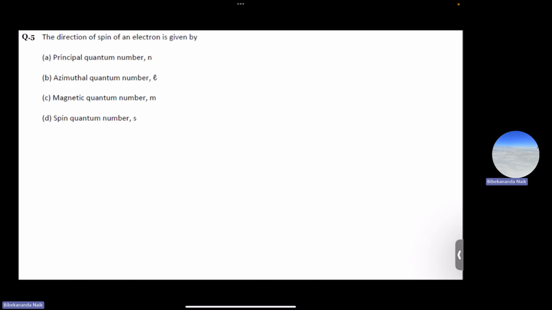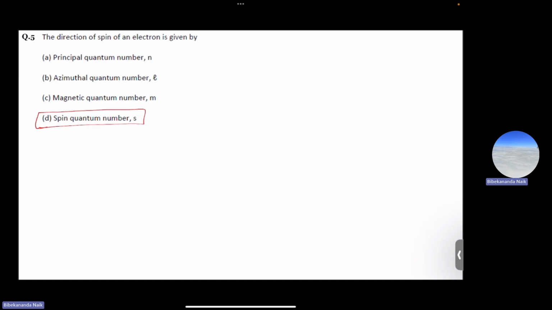So due to it, there is a magnetic quantum number also, and due to the spin of the electron there is a spin quantum number, because in addition to revolving around the nucleus, the electron is also revolving about itself, due to which we have spin, and this spin is determined by the spin quantum number s. So we can say that the direction of spin of an electron is given by the spin quantum number, which is option D. So option D is correct.